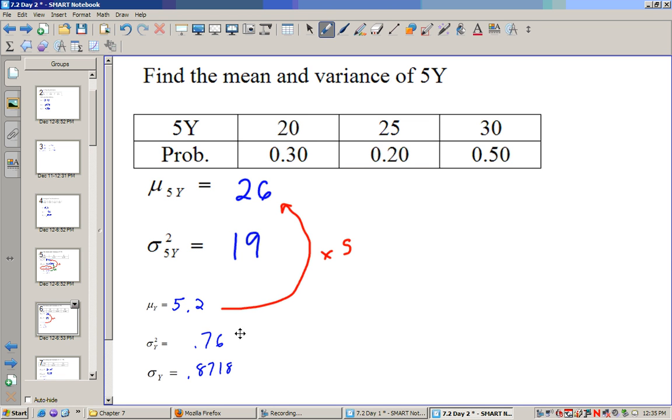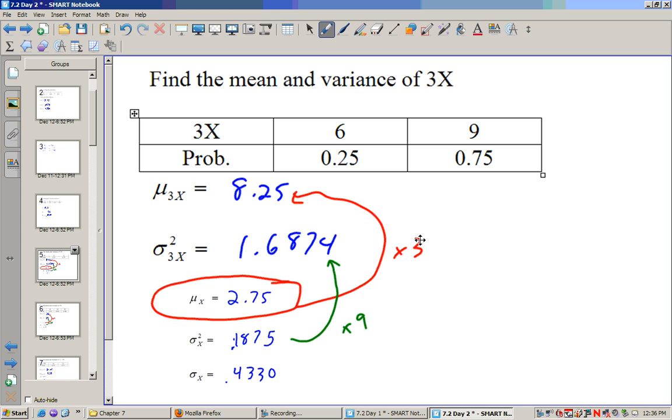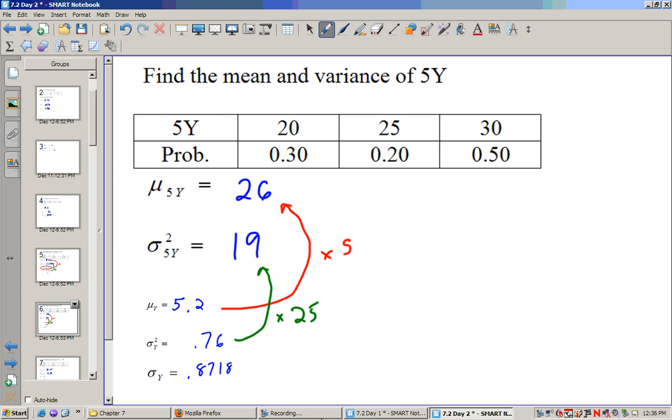If I multiply my variance, what I have to multiply it by here is 25 to get up to 19. So hopefully people see that we're multiplying by the number in front of our random variable to go from one mean to the other, and we multiply by the square to transfer from one variance to the other.